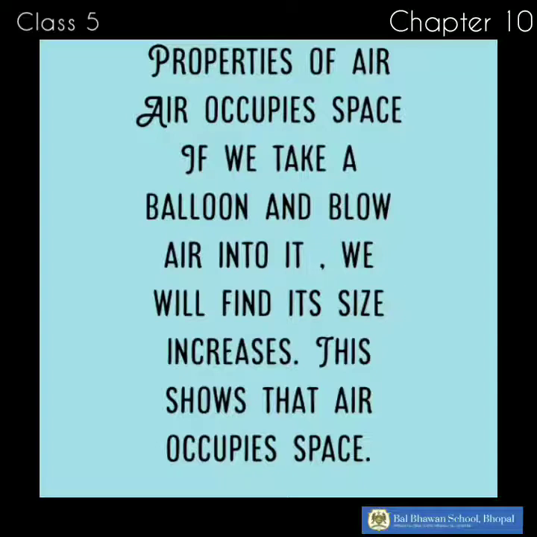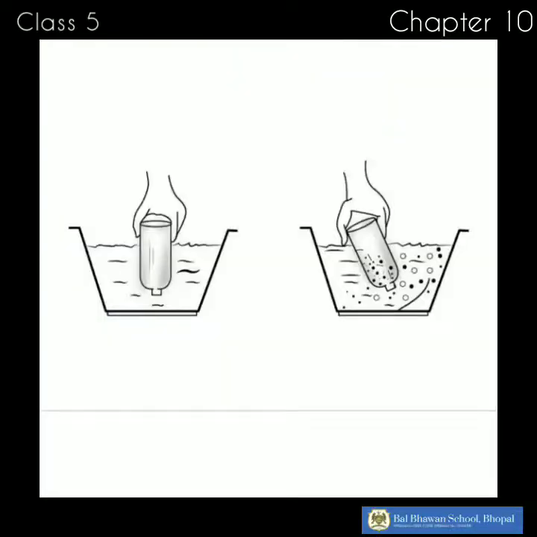How do you prove it? If we take a balloon and blow air into it, we find that its size increases. This shows that air occupies space. There are several other experiments which we'll discuss in this video to prove that air occupies space. Now see this experiment.